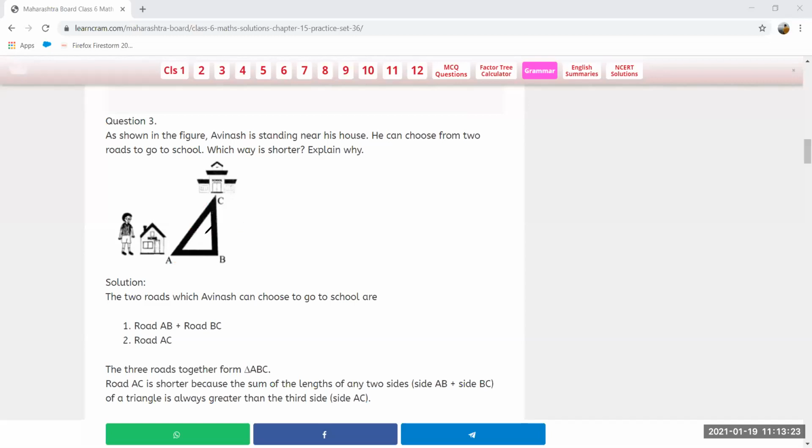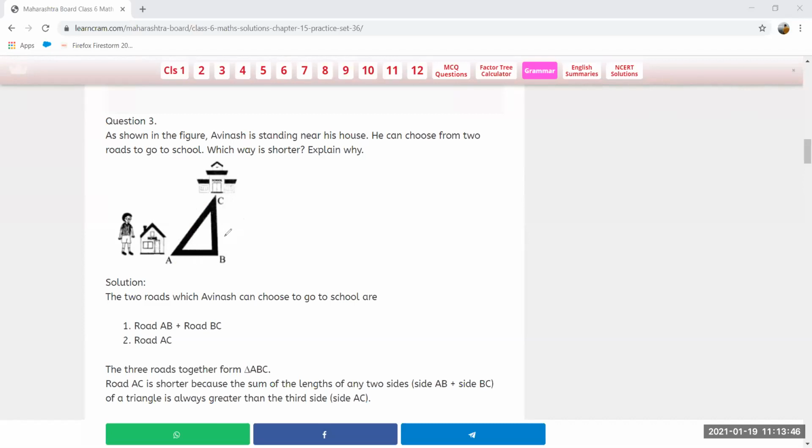Which way is shorter? He can go by road AB plus BC, or else by road AC. Which road is shorter? Road AC is shorter than road AB plus road BC because the third side is always shorter than the sum of the lengths of two sides.